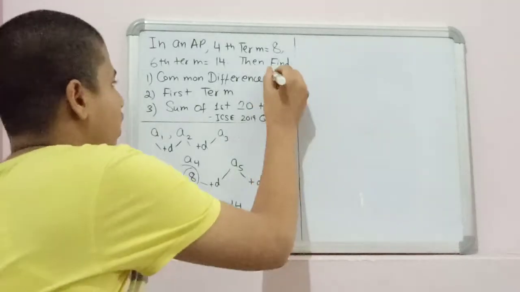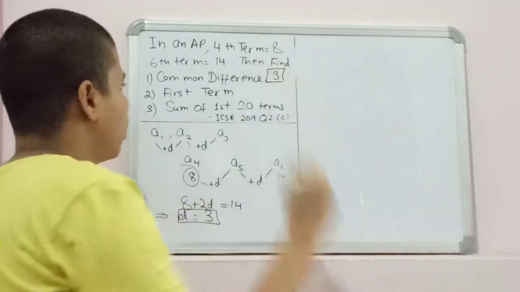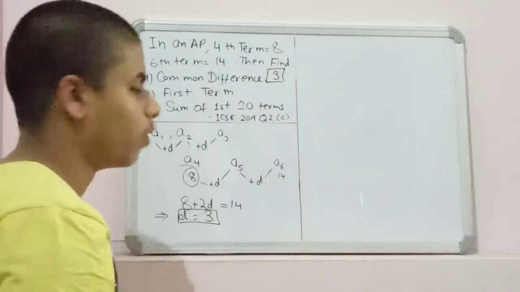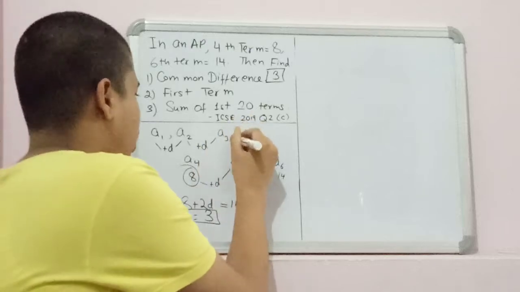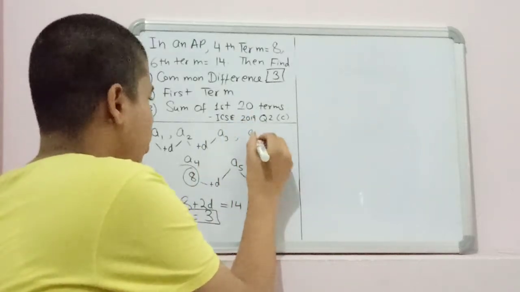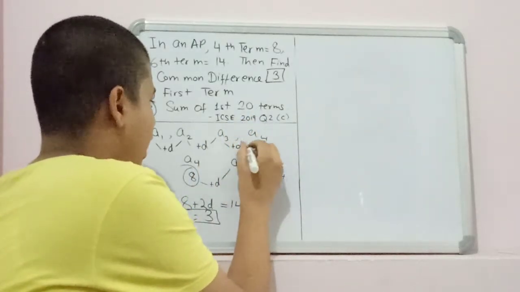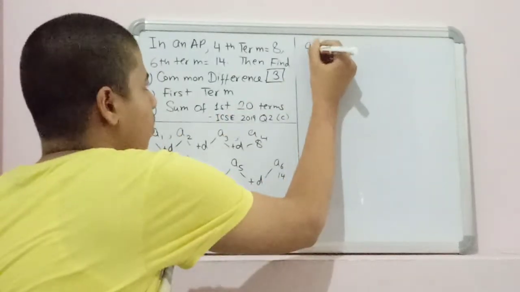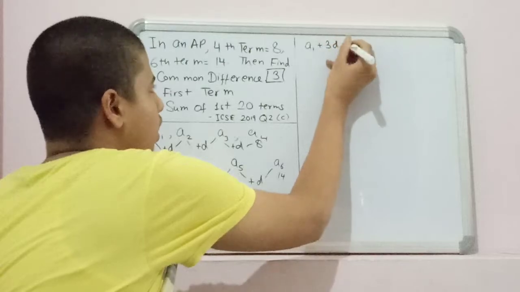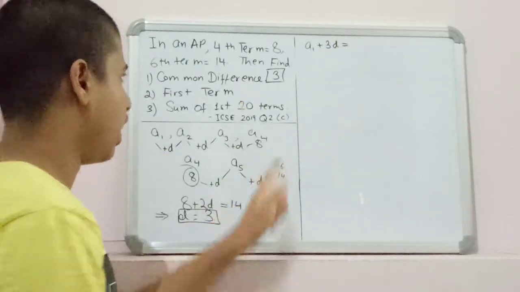Well, so we found that, that's 3. What's the first term? Well, now we can reverse the process. We know that the fourth term is 8, and we have gone till there by adding D 3 times. So the first term plus thrice of D is equal to 8.